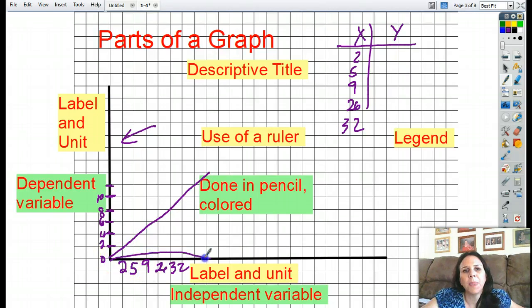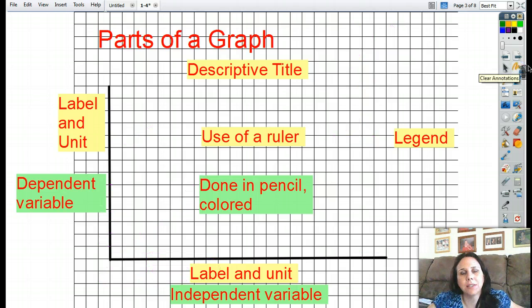Okay? So each of these numbers, you need to find out how to spread it out. So I'm going up to 32. So I want this to be 32. We'll just count out how many lines you have, divide it into 32. And that will tell you exactly how many units to make each of these boxes. Okay? So each box needs to be the same distance, the same numerical unit apart.